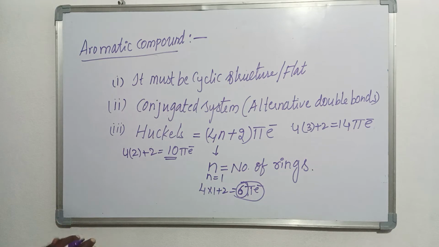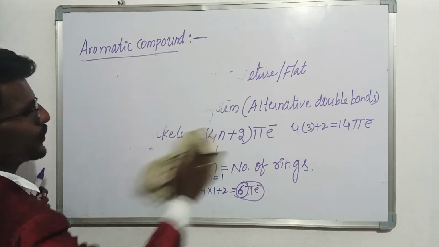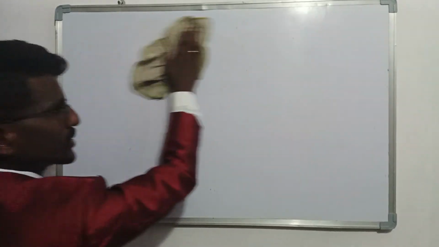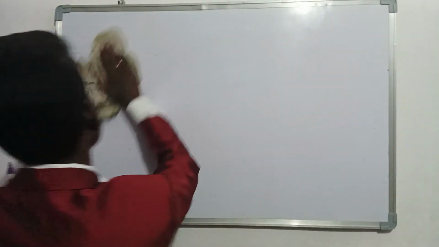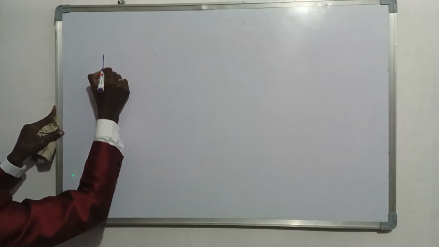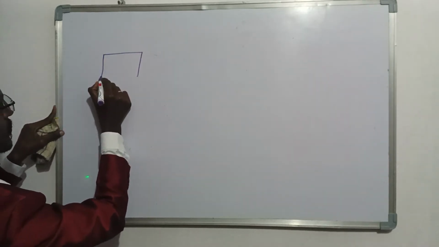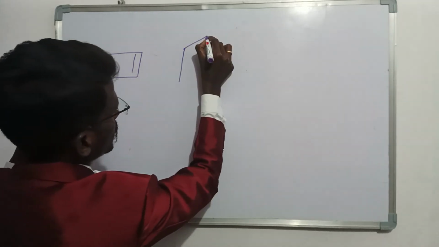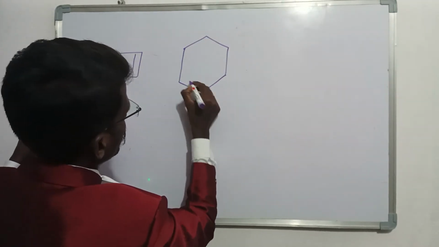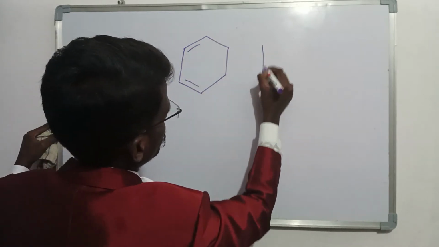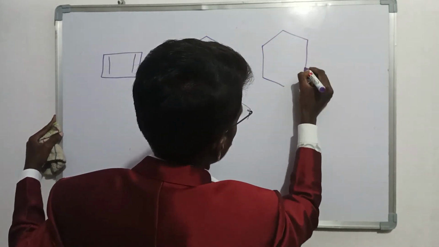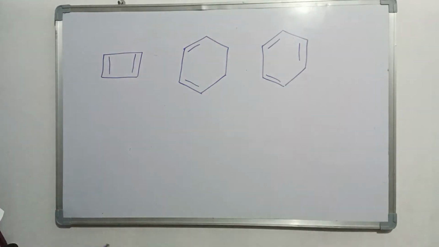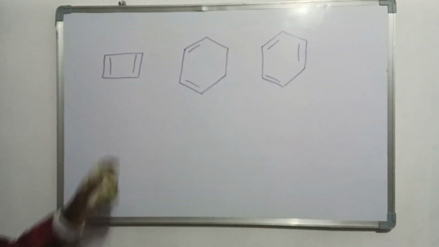So we'll discuss a few examples for it. For example, we want to draw some structures and differentiate them. For example, this is a cyclic structure. I am writing this structure, and one more structure. So I'm going to discuss these three.